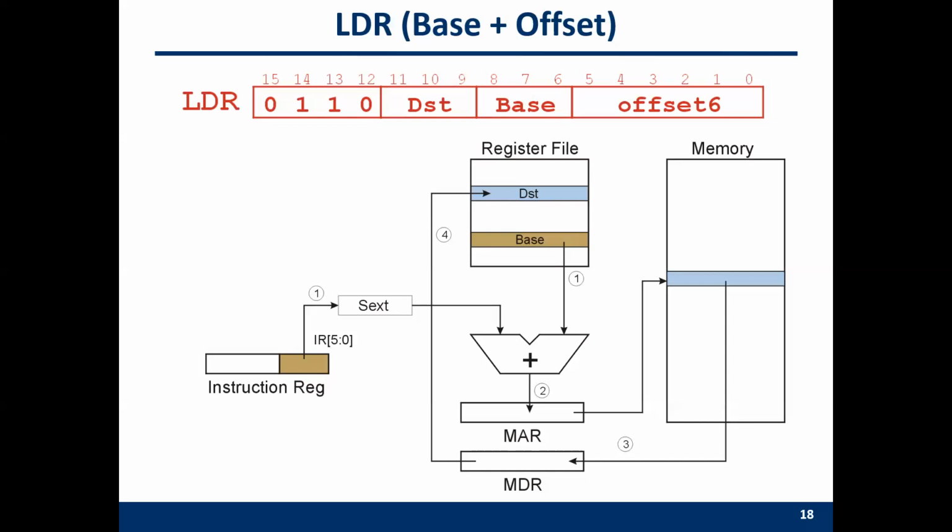Yes. How many locations? How many locations? What do you mean by location? Right. So in this one, because here you only have 6 bits, 2 to the 6 is 64 locations. It can be from minus 32 to positive 31.